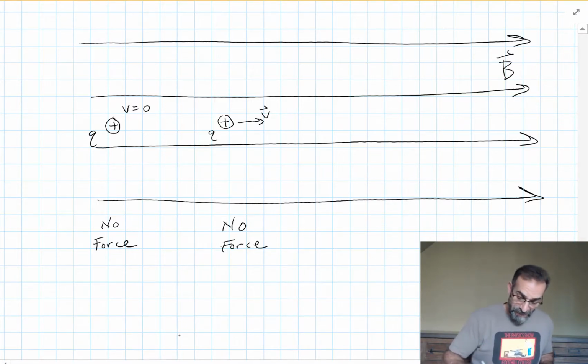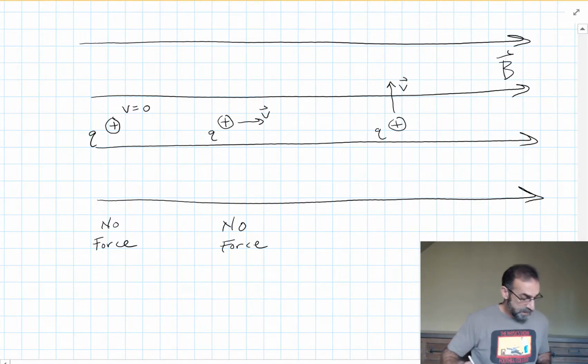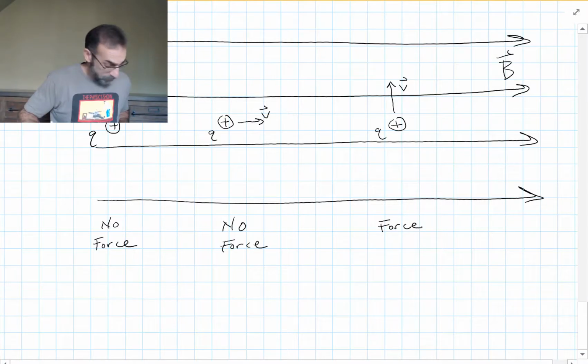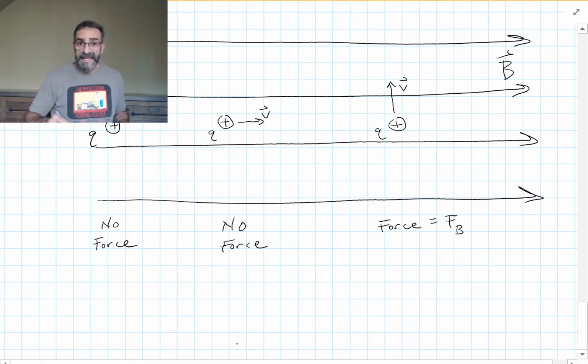But if I take that particle and I give it a push in this direction, then there is a force. I'll call it F sub B for the magnetic force acting on my particle.